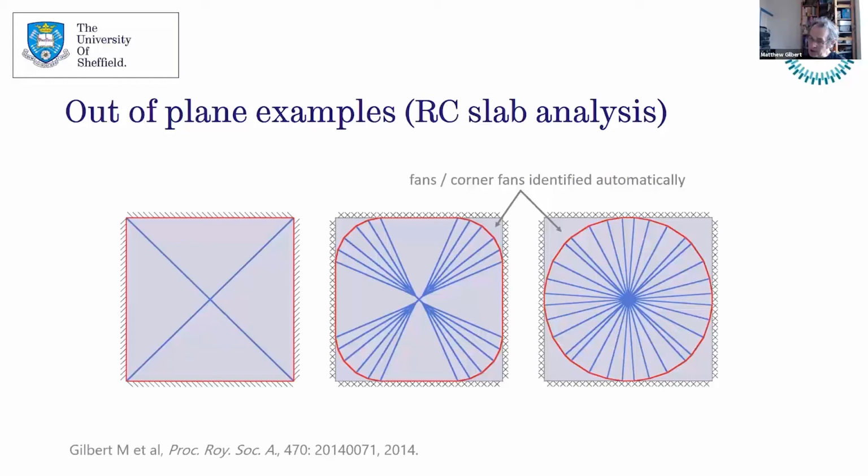The other thing we can do is look at different types of problems. So, for example, we've got now on screen a reinforced concrete slab analysis problem where we've got 3 square slabs with different support and loading configurations, and basically we can identify the critical failure mechanism or yield line pattern, as it would be called in this case, without difficulty.